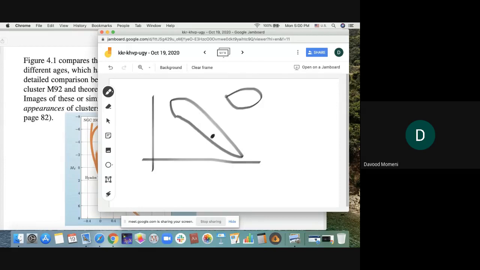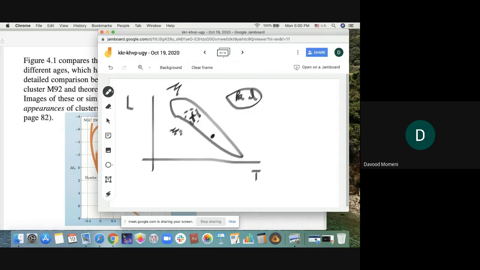Here are the red giants. If you have the mass of the stars here, which we can get because we have the temperature and the luminosity, you can exactly tell me the mass. And they are clusters, so it's not one star, actually, they are a collection of stars with the same mass, like M92, for example.